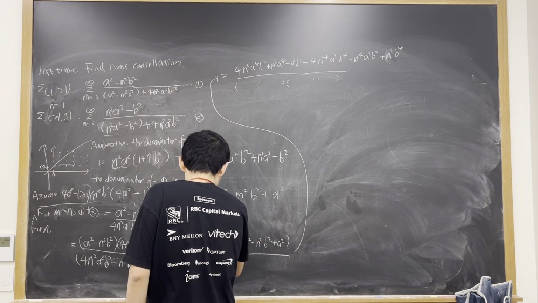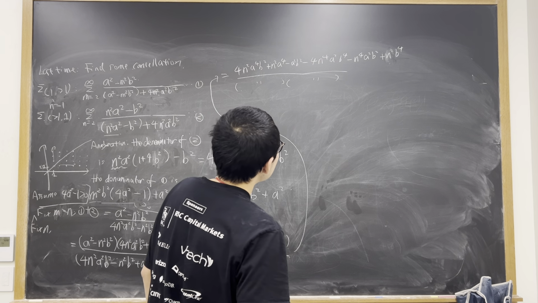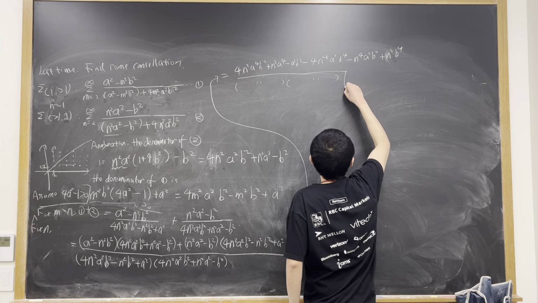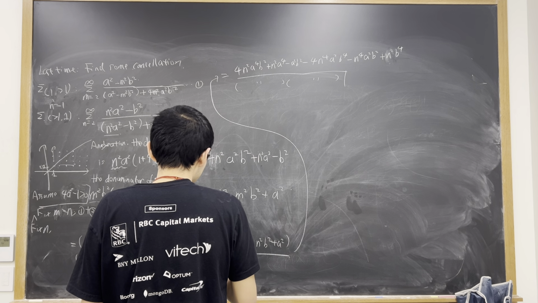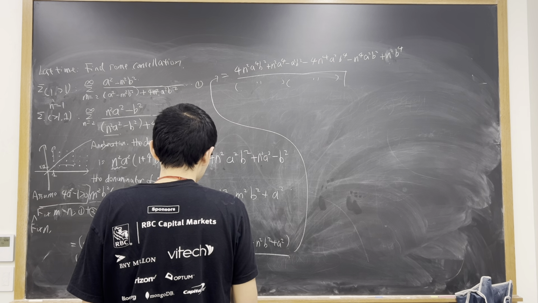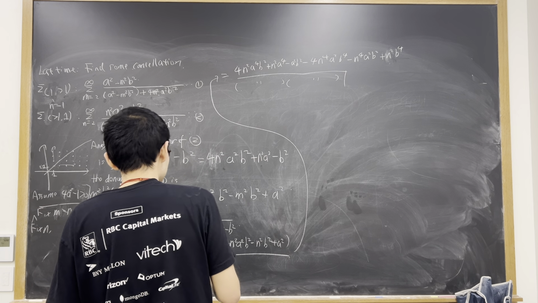And then for this one, I think I'm running out of space, so let me just do it here. So first I'm having n squared a squared being multiplied to this whole thing, right?